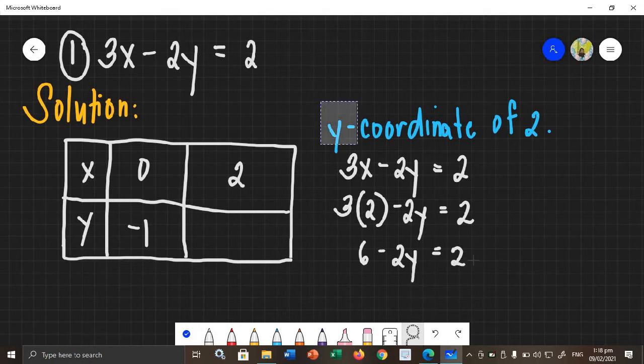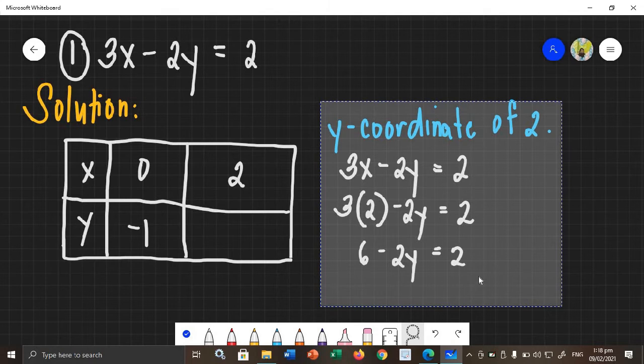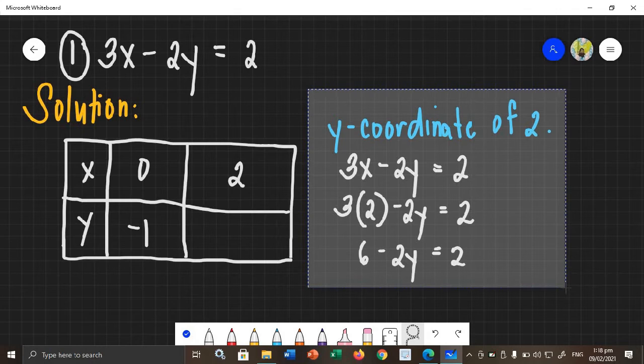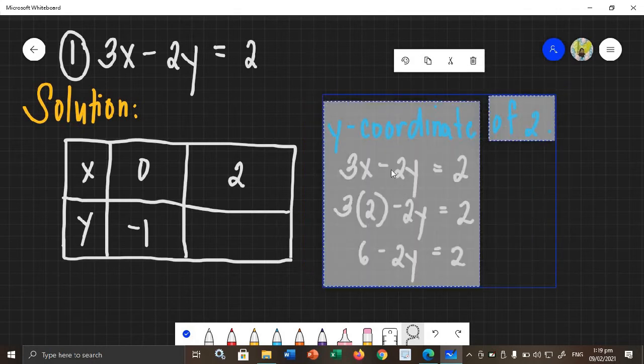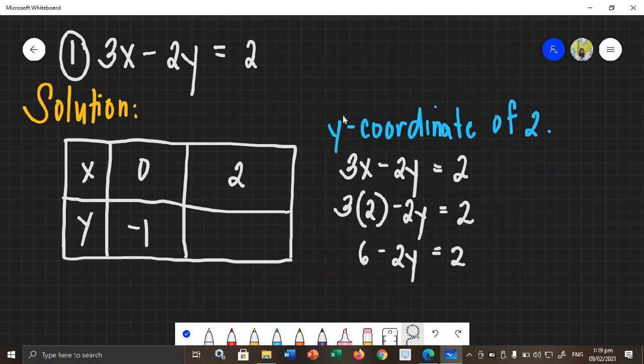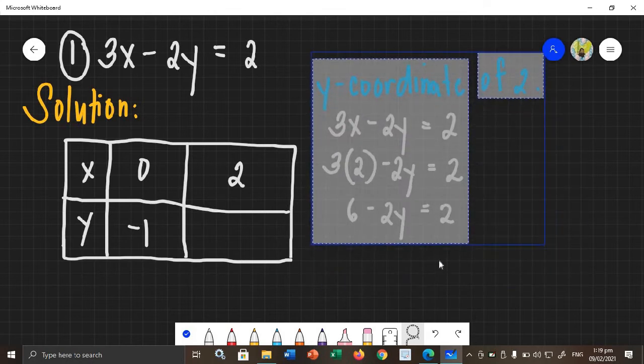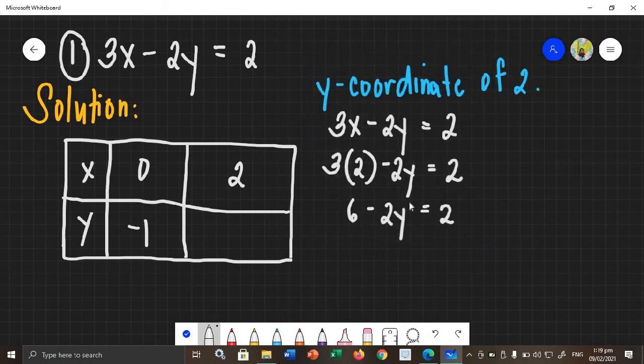So, for you to find the value of your y coordinate, kailangan ma-isolate siya. Ma-isolate yung variable, yung y. Therefore, we need to transpose 6 to the right side of the equation. So, lipat natin si 6 beside 2. So, may iwan si negative 2y, and then we have 2.